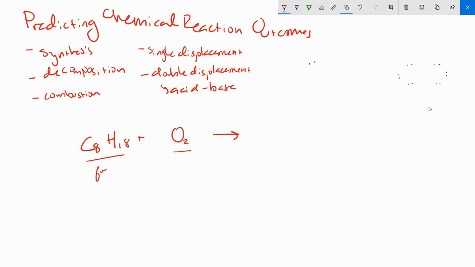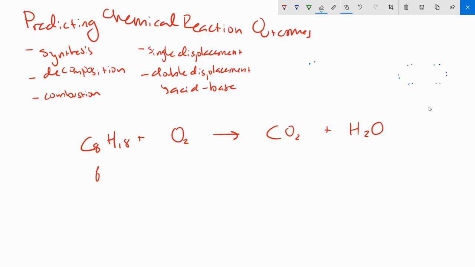So this is a fuel plus oxygen gas. That means that those two things together, we're going to have fire, we're going to have combustion. So what are my two products for combustion? Well, there's CO2 and H2O. And that's the only way you can do combustion, those are always your two products.